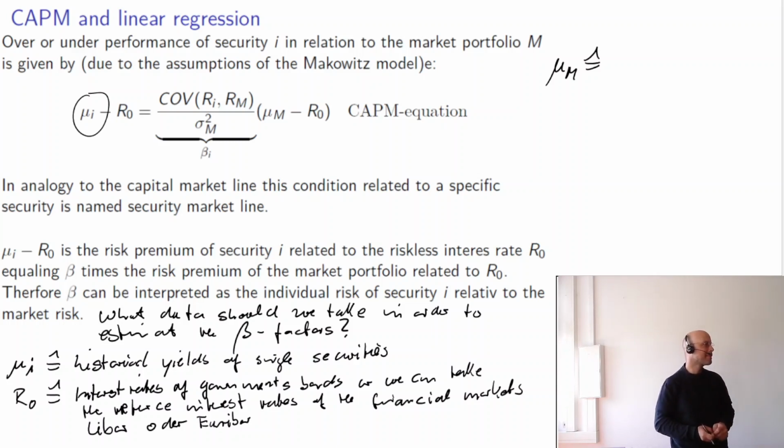What would be quite often my benchmark, if I compare my investment, was it a good investment or not a good investment? Yes, of course, the MSCI World or the S&P 500, or if we go to Europe or to Germany, then of course we can take the DAX index.